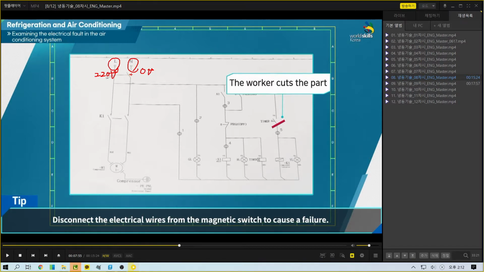It is the neutral line, and it means the 0 voltage line.